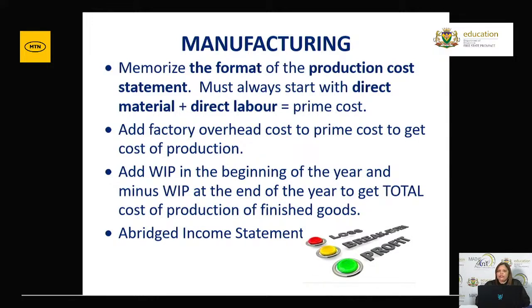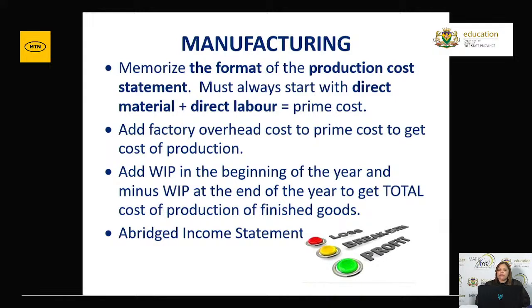Telephone is normally your administrative cost, right? Bad debts part of selling and distribution. Your advertising, right? Part of selling and distribution. If you put these costs in your factory overhead, they normally subtract 1 mark because they see it as foreign items. So be wary of that one.